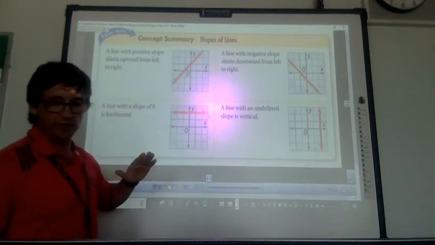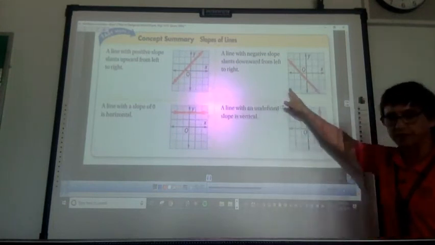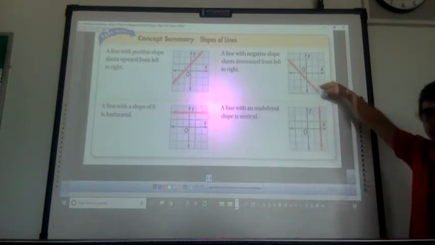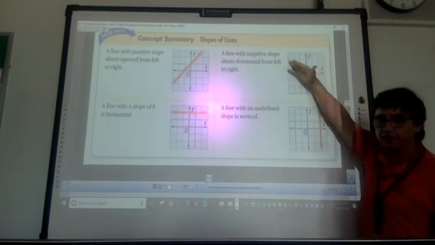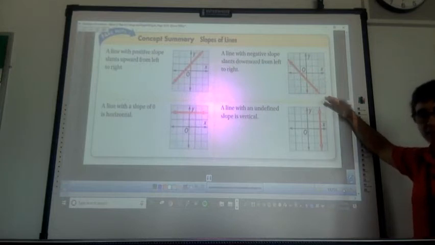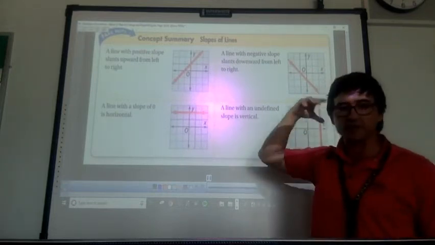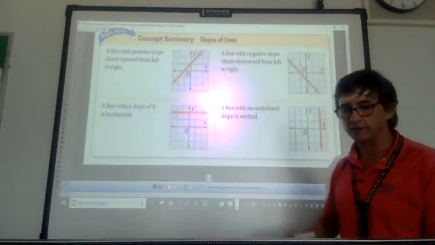So here's how I view this. Again, I'm not going to start here because I've got a better strategy for remembering this. I view this line as going downhill. Okay? It's going upper left to lower right, going downhill diagonally. That means it has a negative slope. You think of a situation in your life that's going downhill, it's negative, right?